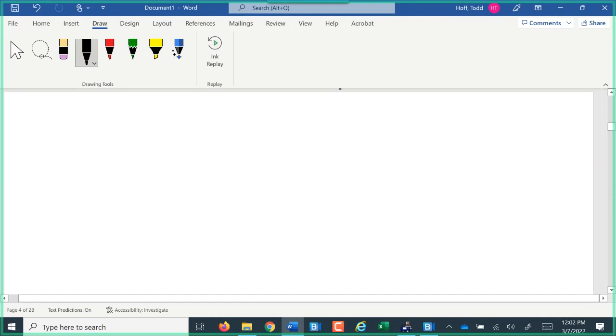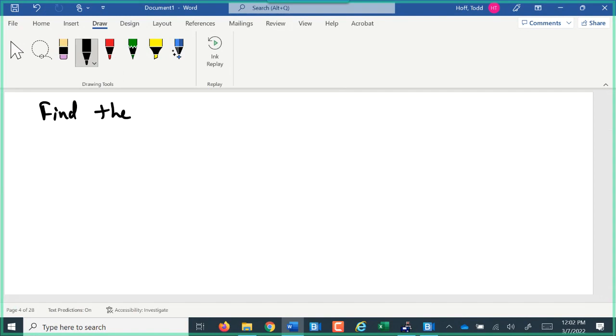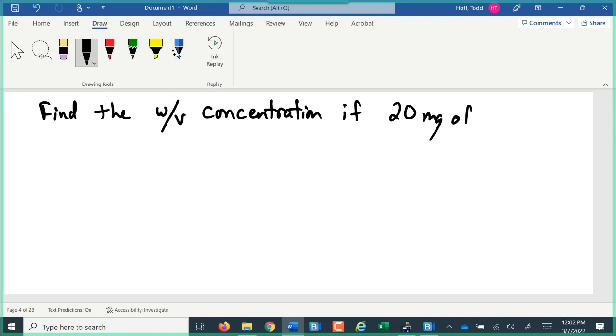Here's the one that I catch a lot of people on. Find the weight in volume concentration if 20 milligrams of serum is in 80 milliliters.